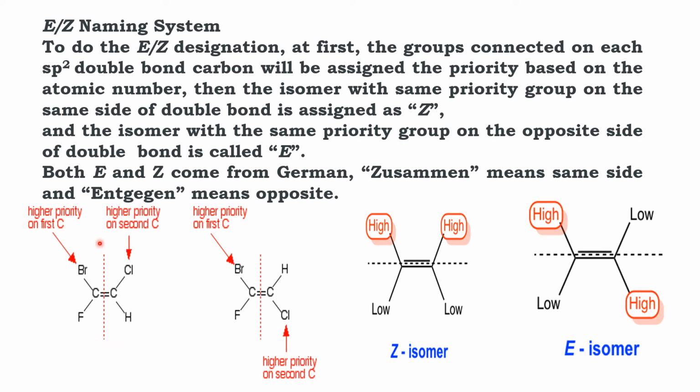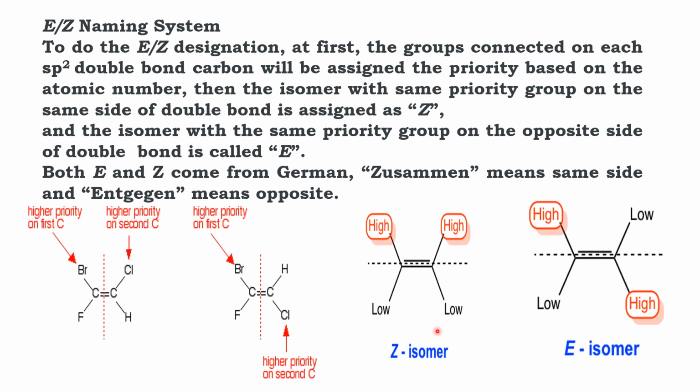When I observe this molecule, bromine and chlorine have the highest priorities, while fluorine and hydrogen have the least priorities. In this molecule, the highest priorities are on the same side. Hence, it is designated as Z isomer.